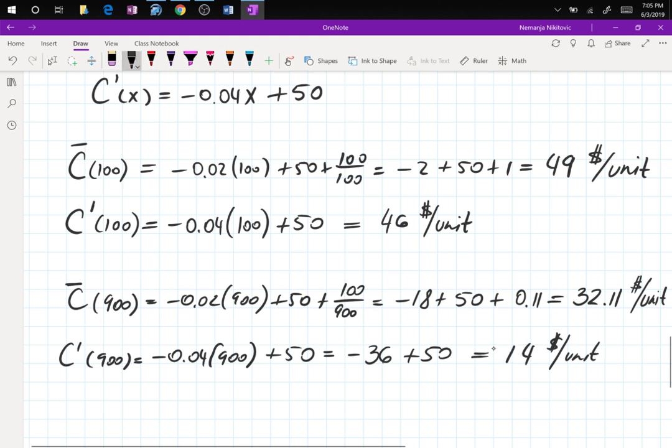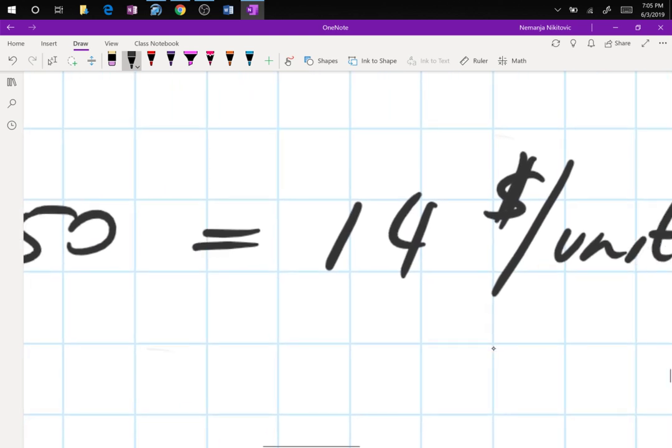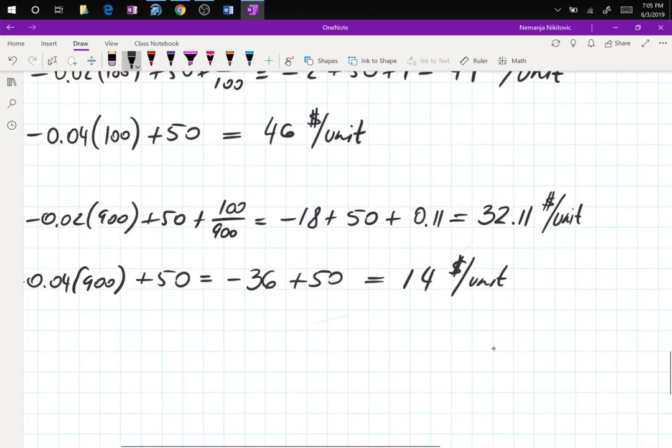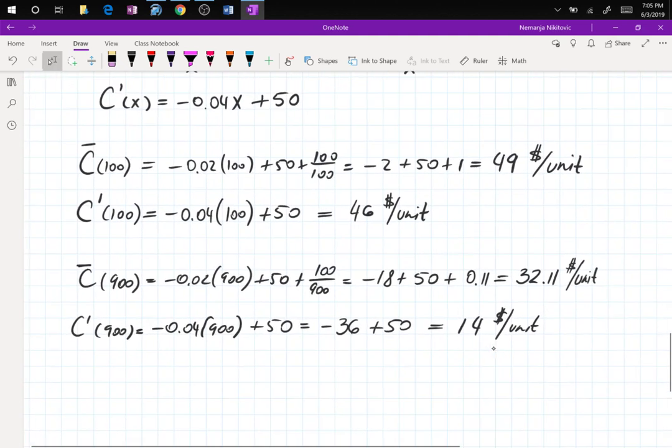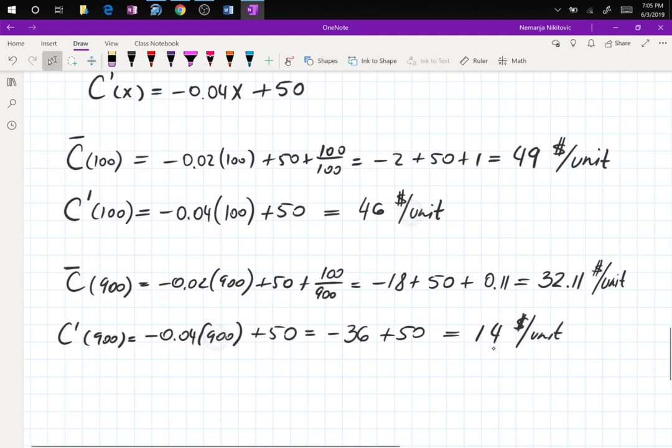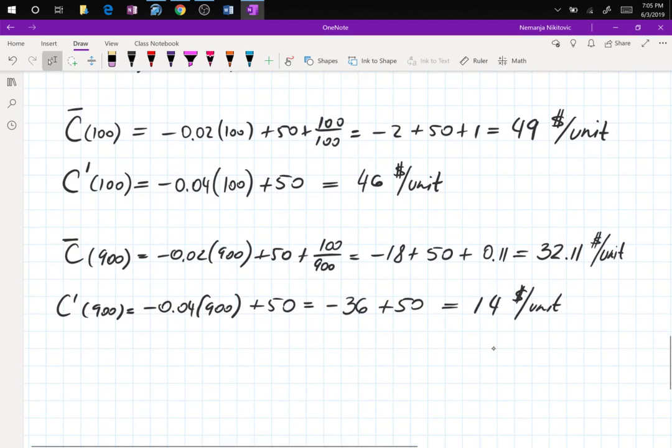It's clearly 14. That's okay. You're forgiven. So $14 per unit. So the 900th unit that came off the conveyor belt costs us $14 to make.